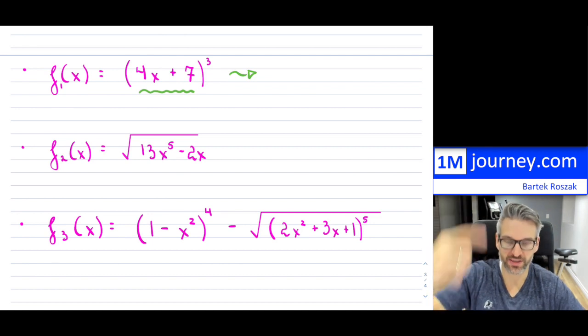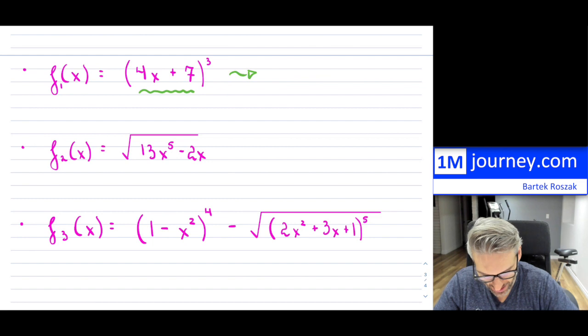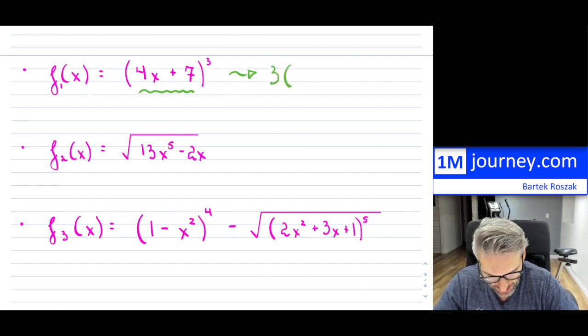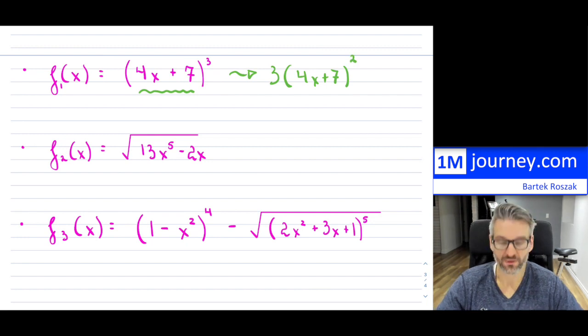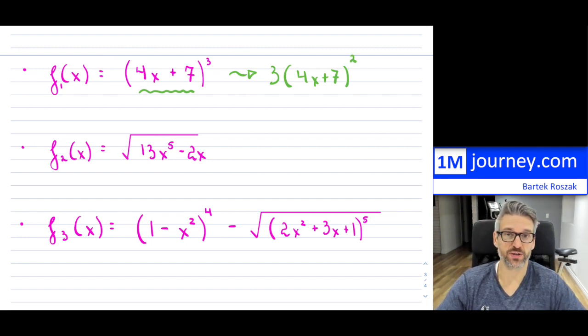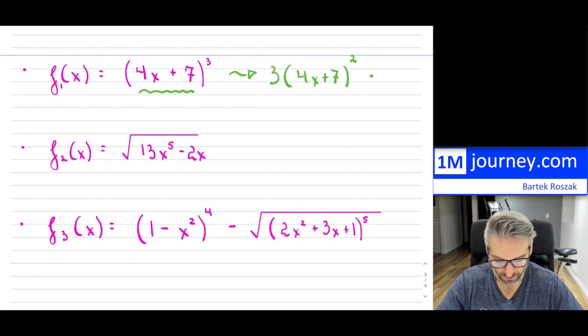So just as we did in the previous, I don't want to expand this. All I'm going to do is say, all right, the derivative is 3, bringing down the exponent, and leaving that inside. Well, this is going to be squared, because that is what the derivative of a power function is. And now I'm supposed to multiply this by the derivative of whatever is inside of the bracket.